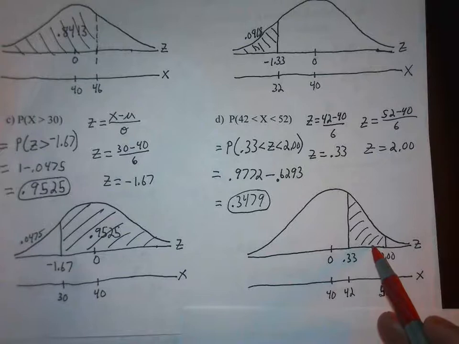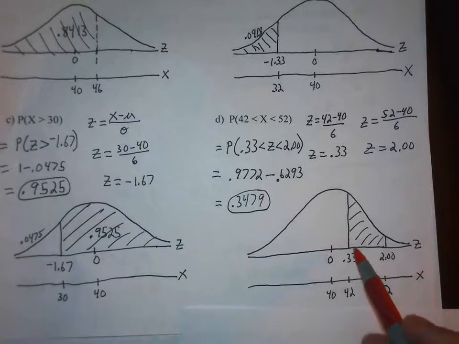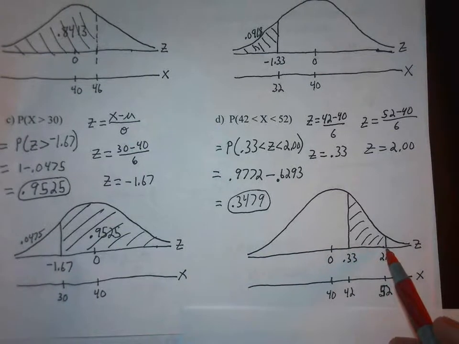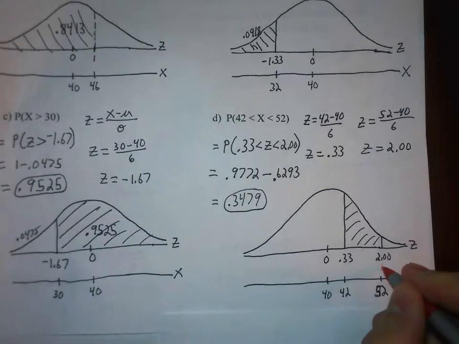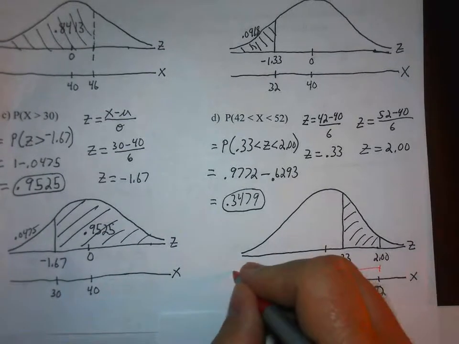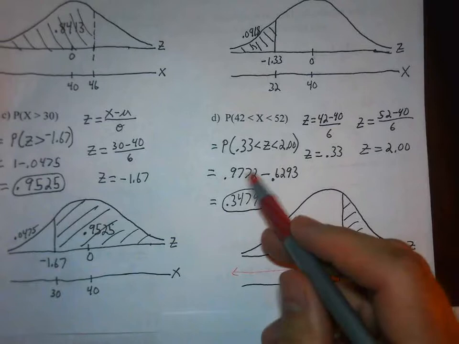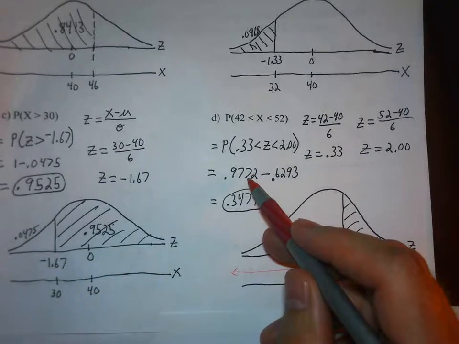Remember that when you look up 2.00, that's the area all to the left of 2. So the area from here all the way to the left. And when you look that up, that's what 0.9772 is.